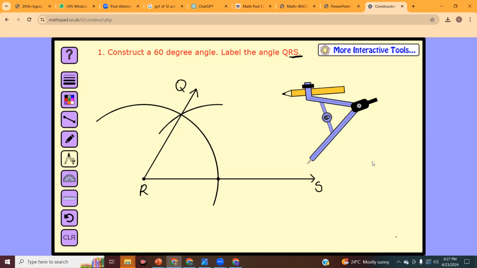I'm still drawing an angle. And Angel, where's your work? I sent it to you already. Okay. Bethany, where are your notes? I'm still drawing the angle. Okay.